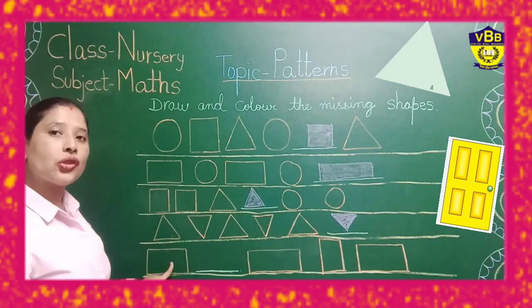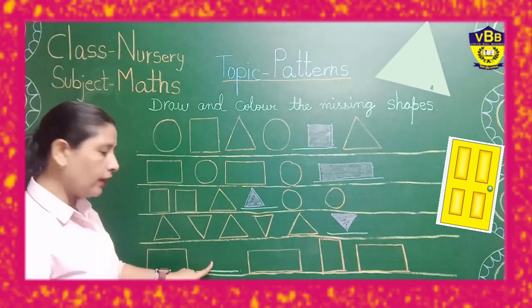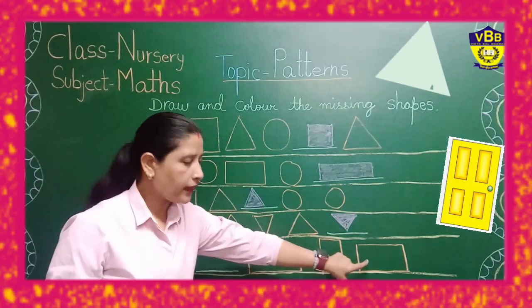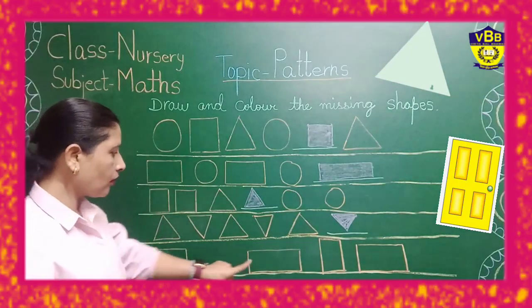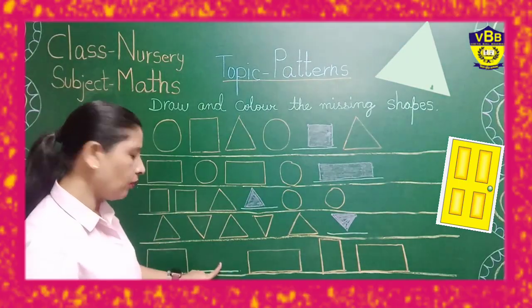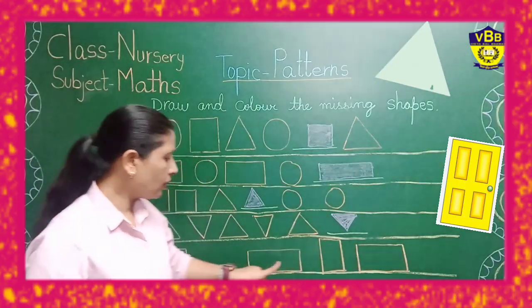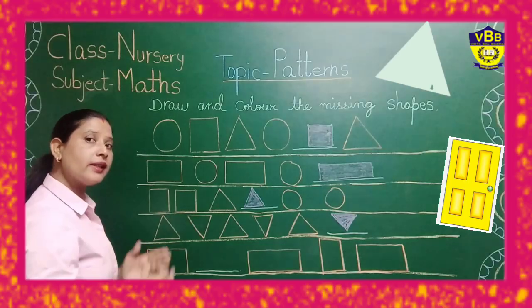So, which rectangle is this? Yes, this is sleeping. We will leave it. Sleeping, standing, sleeping. Once more. Sleeping, again sleeping. One shape is missing here. Standing, sleeping. So, which rectangle do we have to draw here?